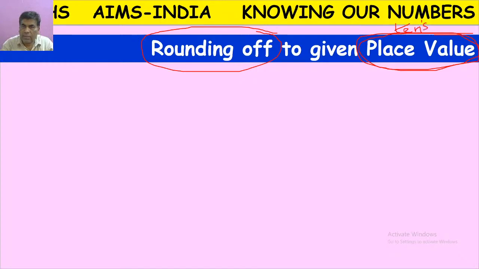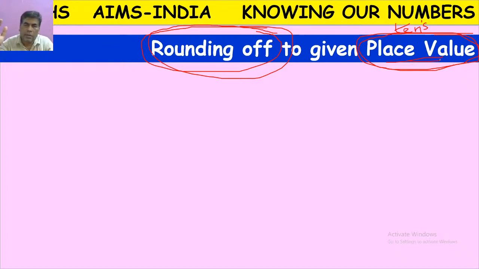They may ask us to round the given number to the tens place or hundreds place or thousands place. That's why we say rounding off to a given place value.